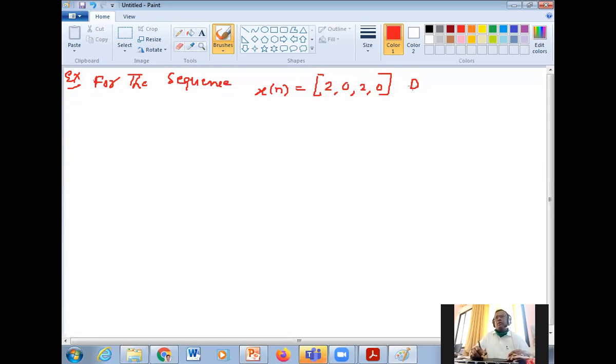Determine x of 2. That means at k equals 2, we are evaluating the value using the Goertzel algorithm.